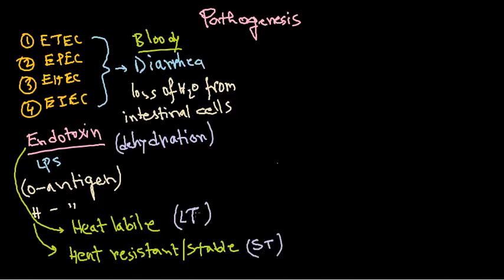So LT and ST depend upon whether they are heat labile or heat resistant. In this video we are going to talk about the LT type of toxin, because we're going to see the mode of activity of this LT toxin.